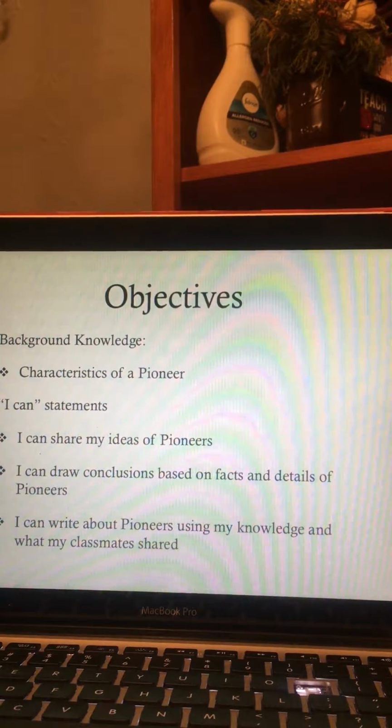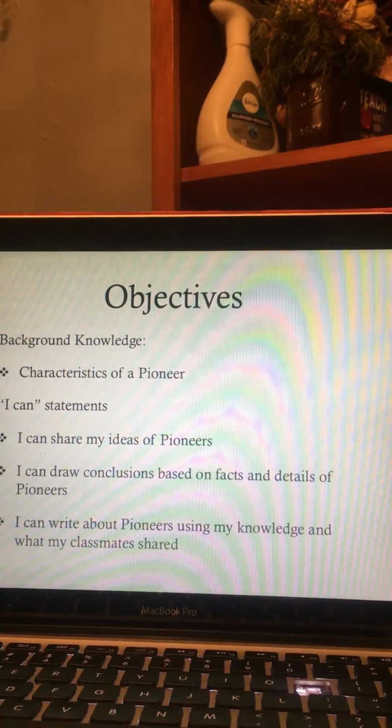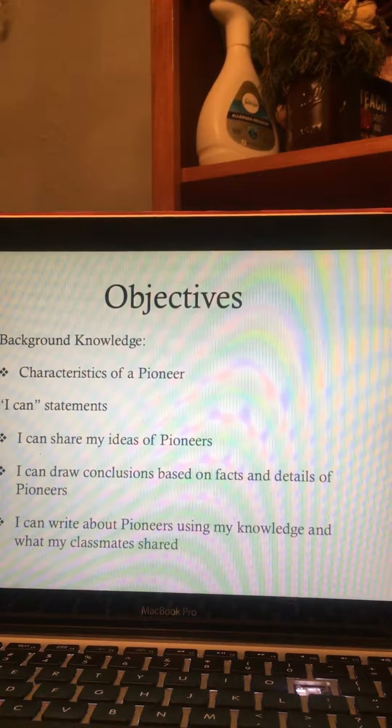And the I can statements for this are: I can share my ideas of pioneers, I can draw conclusions based on facts and details of pioneers, and I can write about pioneers using my knowledge and what my classmates shared. So first, we focus on sharing their ideas, then drawing conclusions, and then finally writing.